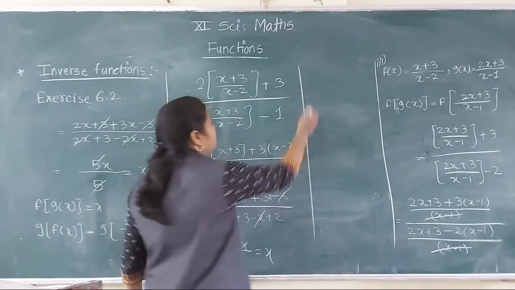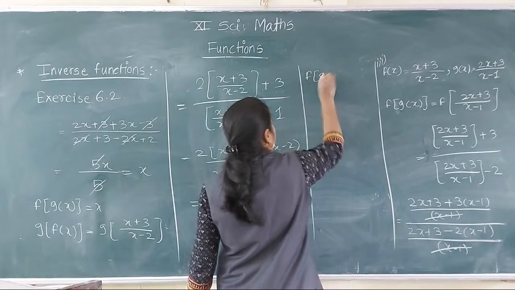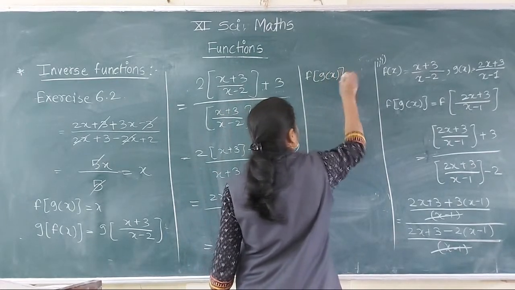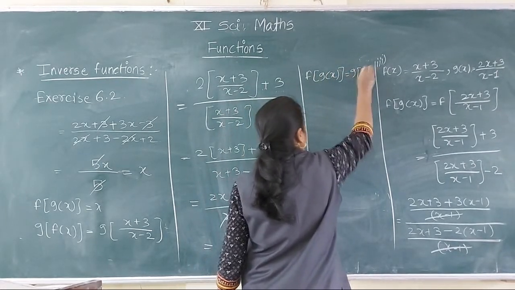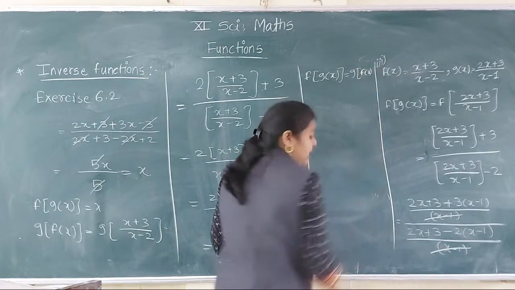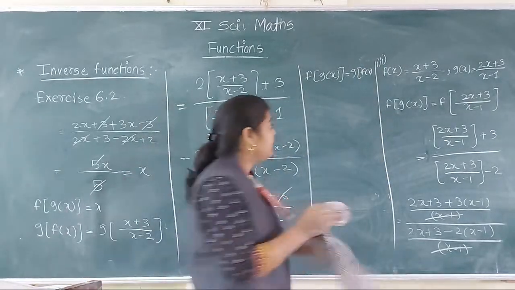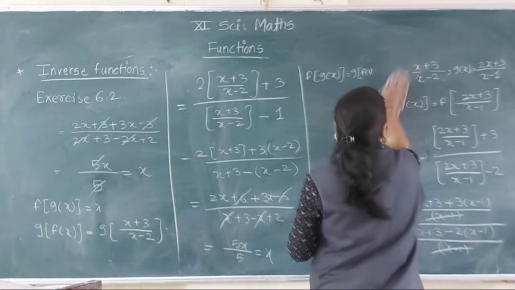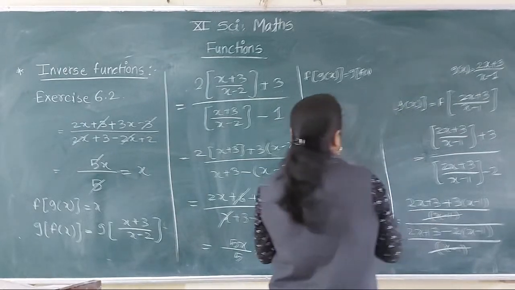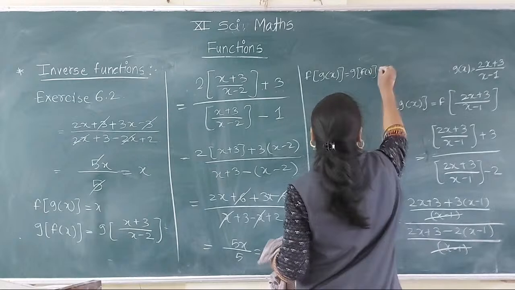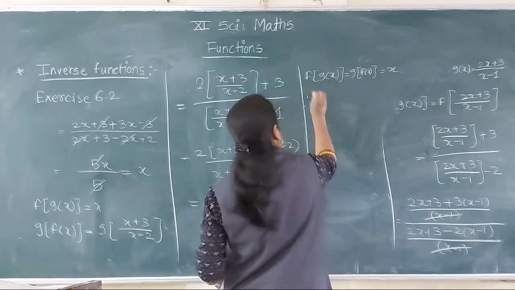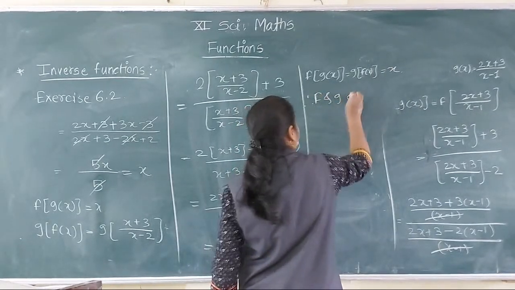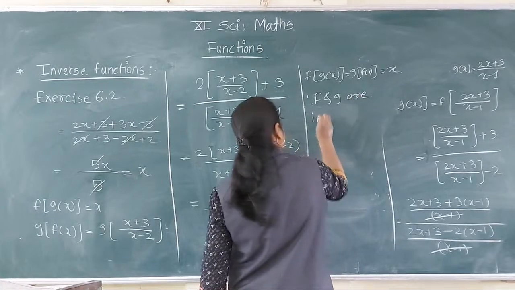So f of g of x is equal to g of f of x and which is equal to x. Therefore f and g are inverse of each other.